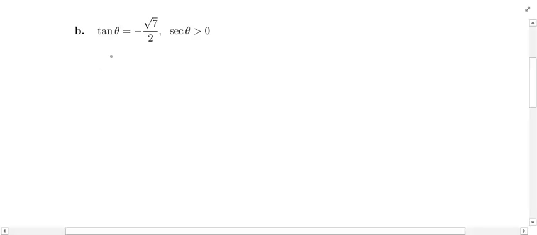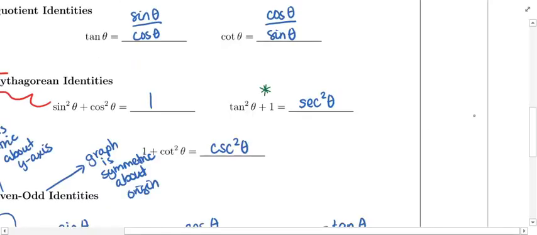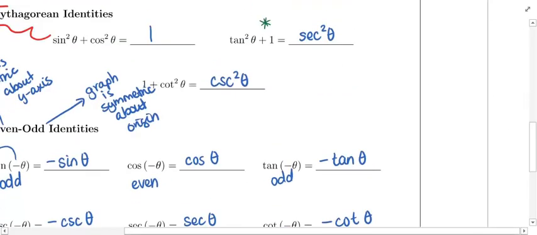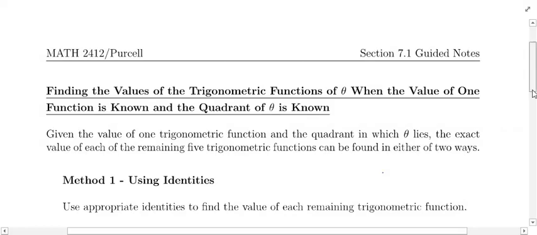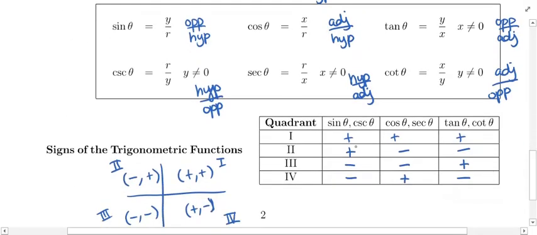But if you look at this, you can see that the tangent is negative and the secant is positive. So what quadrant is that happening in? If you go back to our sign chart on page 2 that we made at the very bottom here, we need a negative tangent. Okay, so tangent is negative in 4 and 2.